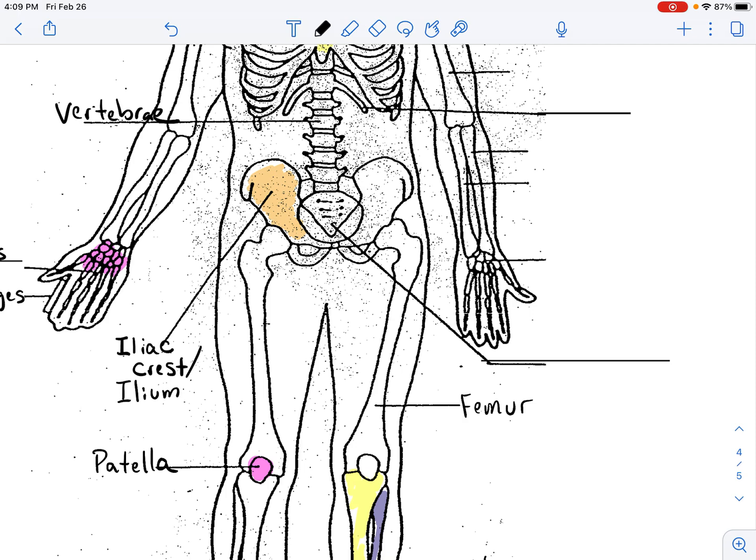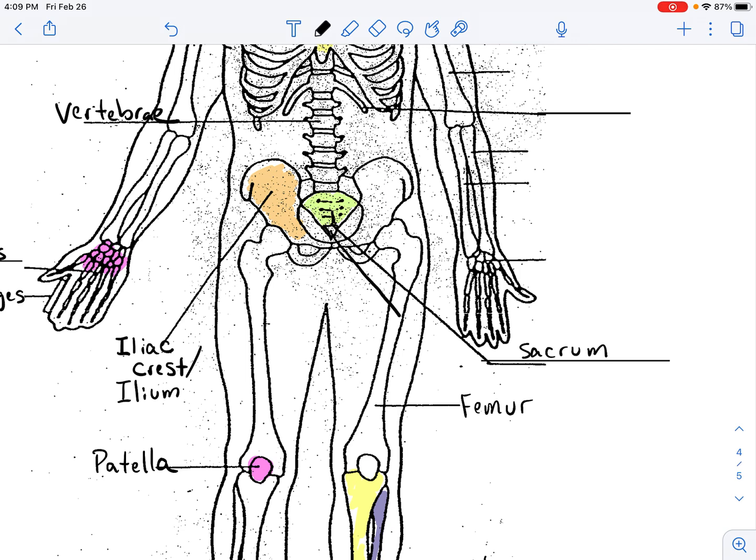And we are actually going to divide this label into two because there's actually two bones here. So this first line that's actually labeling this, but not the very, very bottom. It's called the sacrum.